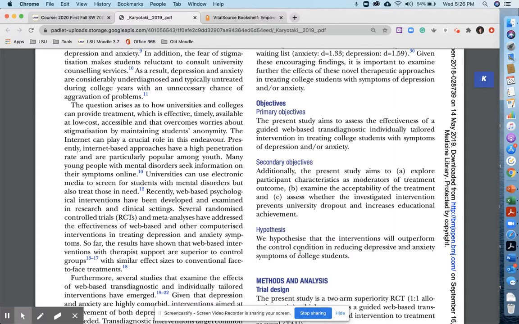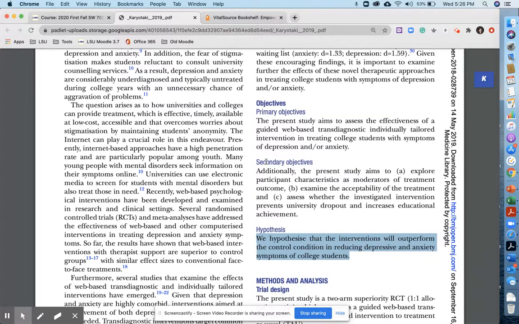They also give us a hypothesis here. They hypothesize that the interventions will outperform the control condition in reducing depressive and anxiety symptoms. So that is their main hypothesis. They think that this new intervention is going to do a better job at reducing symptoms among college students than treatment as usual.